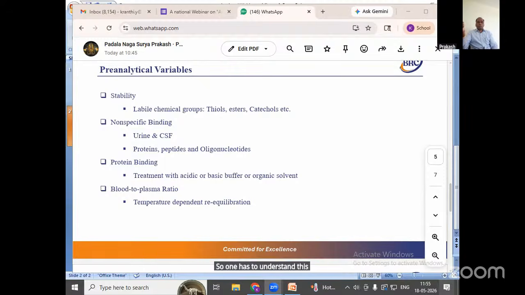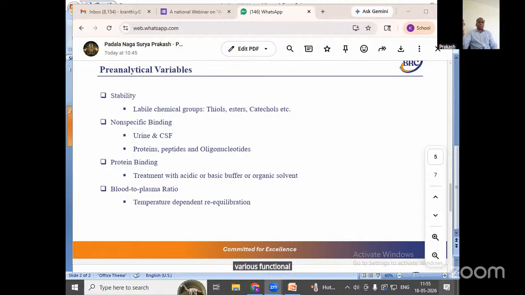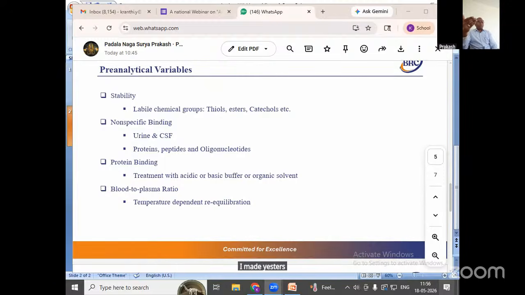There are several molecules which fall within the same pharmacological class, but they differ because of the presence of various functional groups or chemical groups. Some of the groups that pose a great challenge to bioanalytical scientists during sample extraction or preparation are lactones, amides, esters, thiols, catechols, and several others.